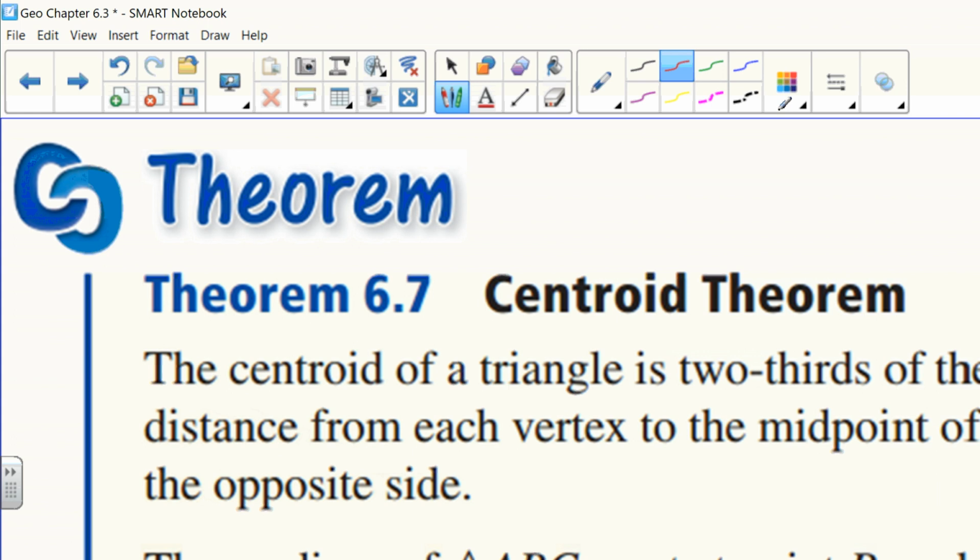And we can do that the same for the rest of them. We can say that DP is equal to 1/3 of DC. And lastly, we can say that FP is 1/3 of BF.